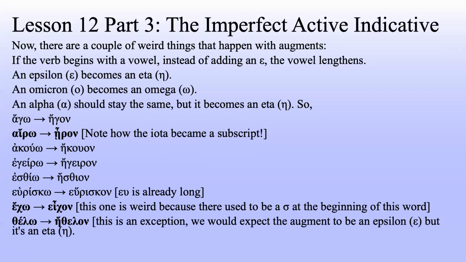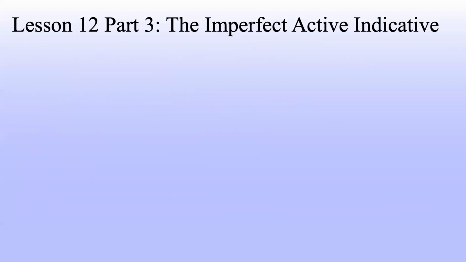Thelo becomes ethelon. Now, this one is an exception. We would expect the augment to be an epsilon, but it's an eta. Why? I don't know. It's just what happens in Greek. Languages don't always follow their own rules, so memorize that one.